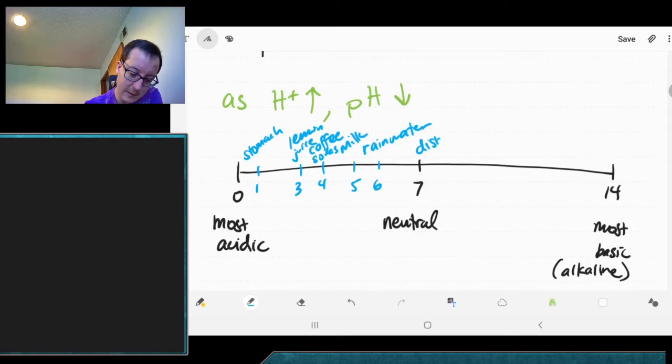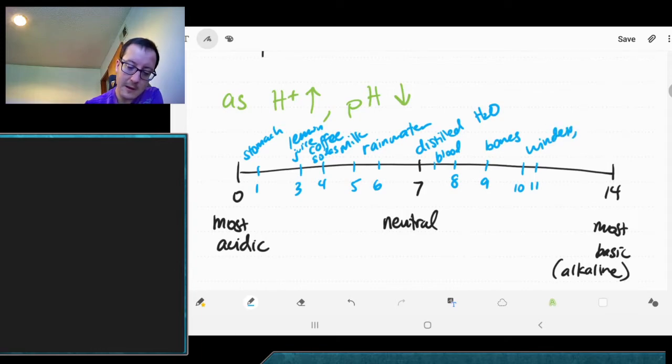pH 7 would be distilled water, right around pH 7 or so. Right at 7.4 is our blood. Very, very specific pH values there. Around pH 9 is where your bones are. Your bones are a little bit more basic than the rest of your body. 10 and 11, that area, you're getting into like Windex and other cleaning agents.